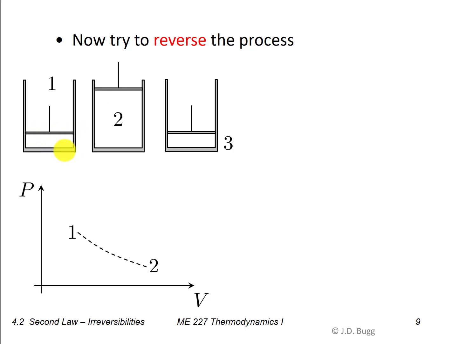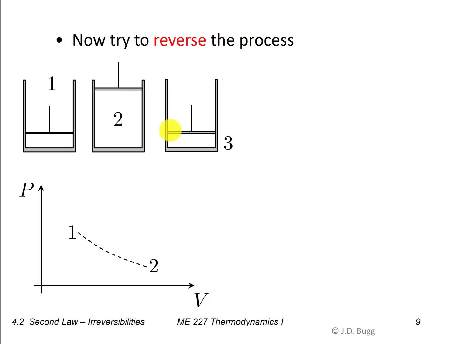We talked about that lots in the previous slide. However, it is not possible to move the piston from here to here without the gas being in contact with the piston face. You cannot move this piston from that position to that position and not have the gas pushing on the piston face. So you can go from here to here with zero work transfer like we did, but you cannot go from here to here with zero work transfer.